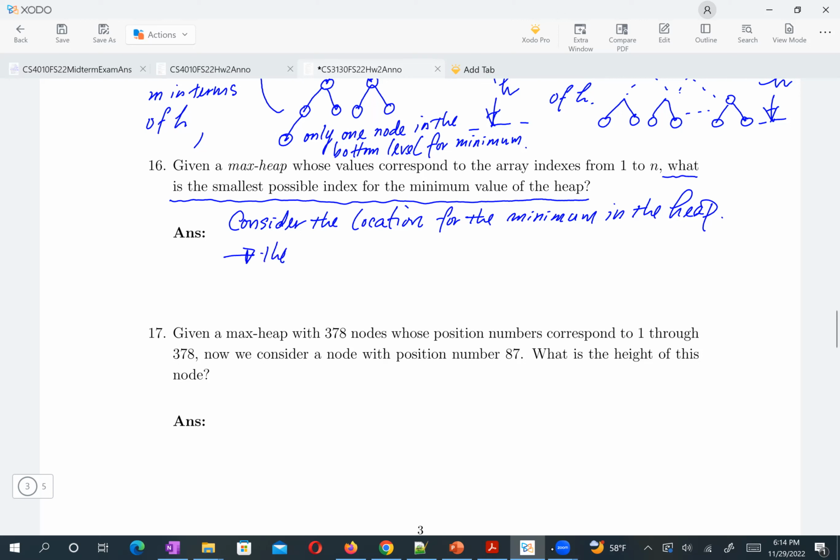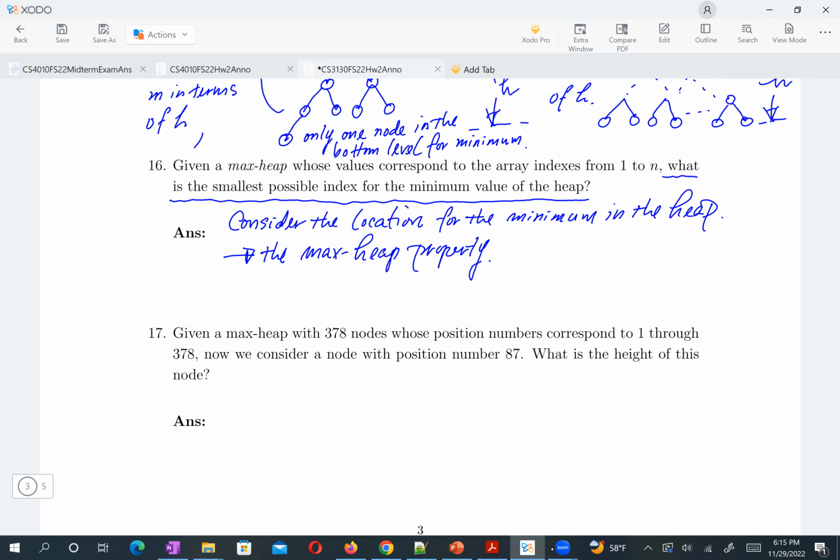But now we want to connect this property to the max heap property. What is the max heap property? The value of a parent node cannot be smaller than the value of any of its child nodes. That's the max heap property.